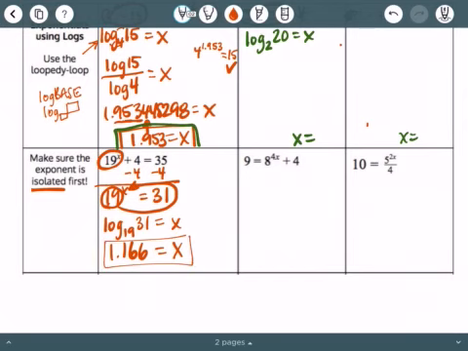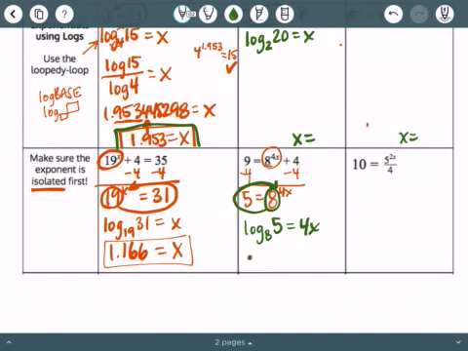The same is true for this next one. I see that this is what I want to be by itself, so I'm going to subtract 4 on both sides. I get 5 equals 8 to the 4x. From there, I know that I'm going to start with my base, so log base 8, to go around the equal sign and back. So log base 8 of 5 equals 4x. I'm going to do in my calculator log 5 divided by log 8.